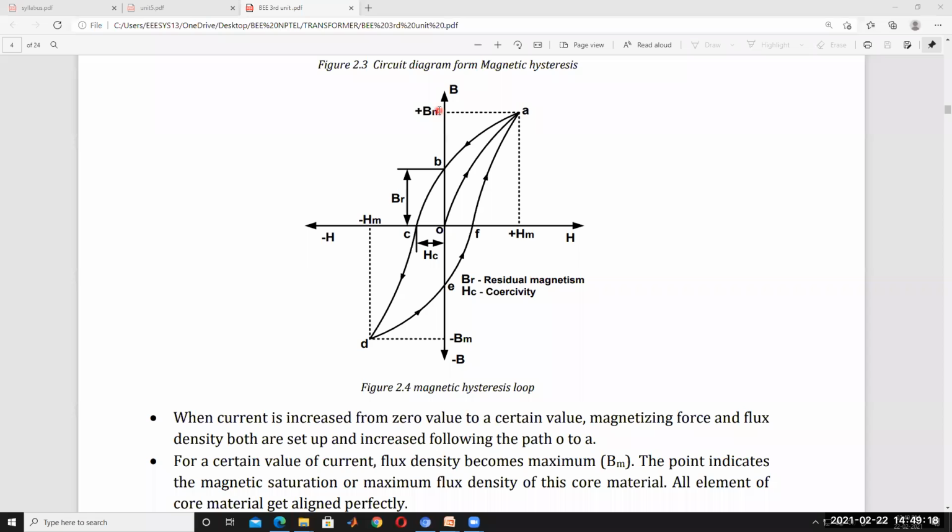B is increasing and H is also increasing.